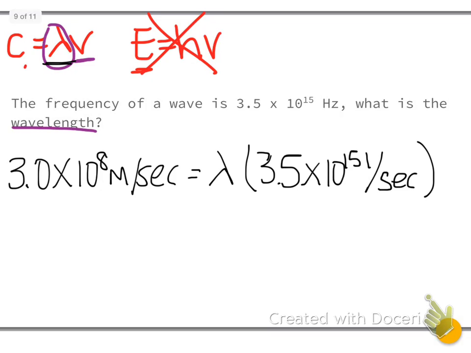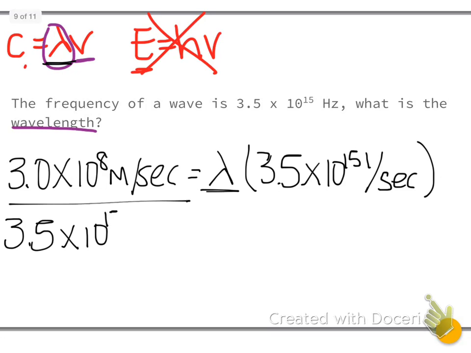Okay. So now just back to some simple algebra stuff you did in Algebra 1. To get this by itself, I need to divide on each side by 3.5 times 10 to the 15th, 1 over seconds.